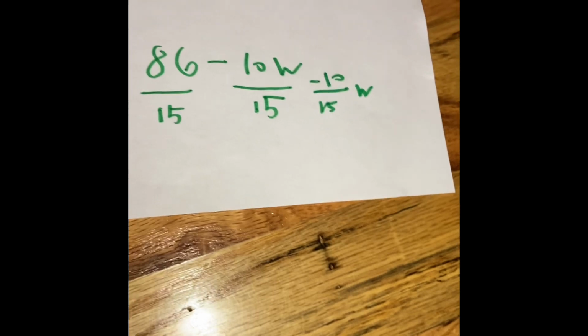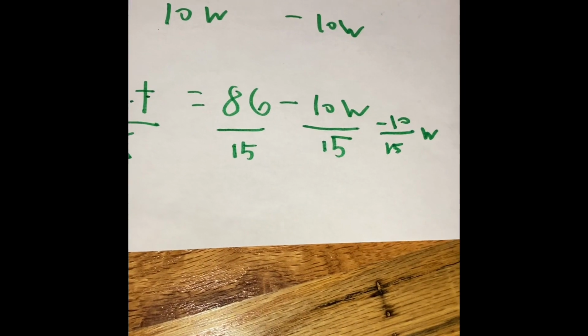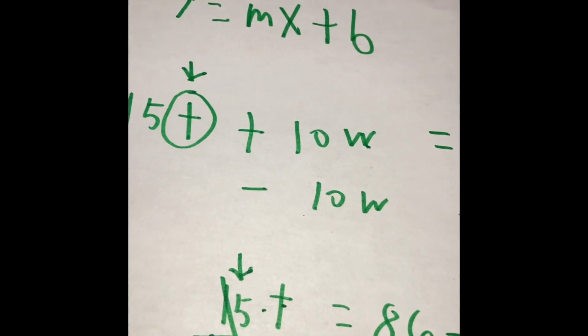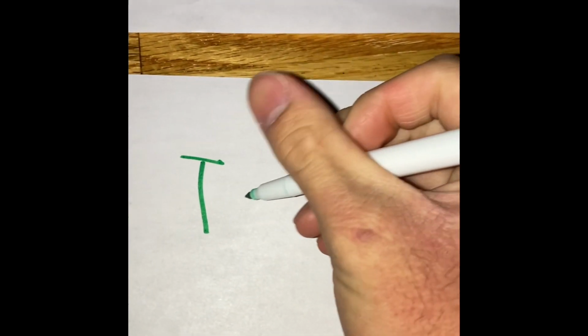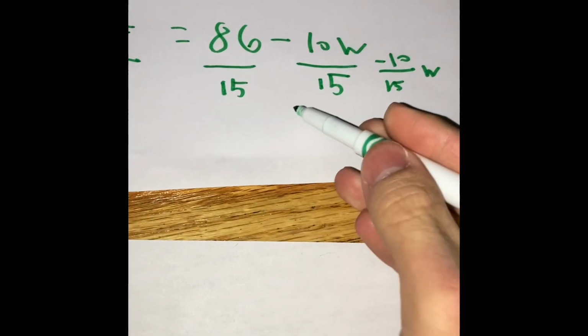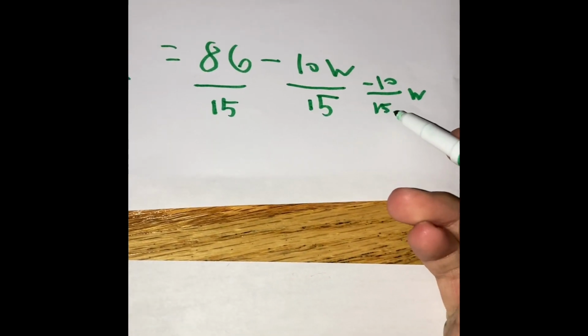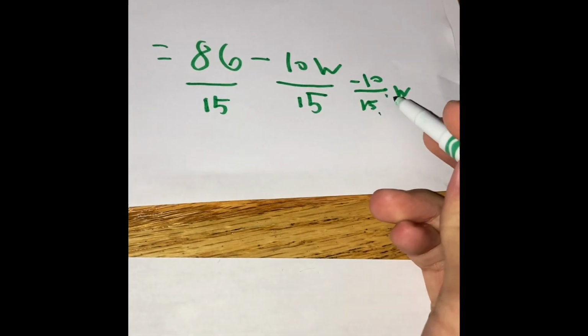That will turn into negative 10 over 15w. So, since we have t isolated, we can rearrange the problem to look like a y equals mx plus b problem. We have our t right here since it's isolated, and we're going to put the variable term first.